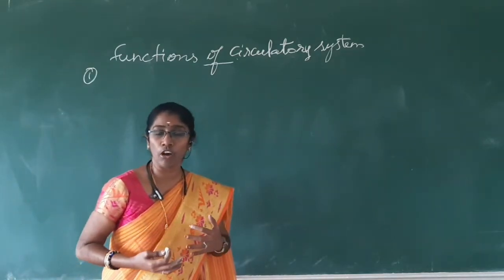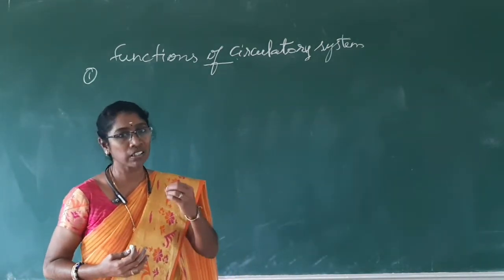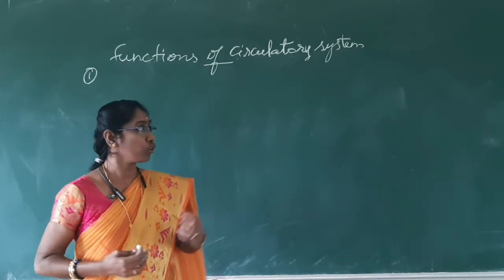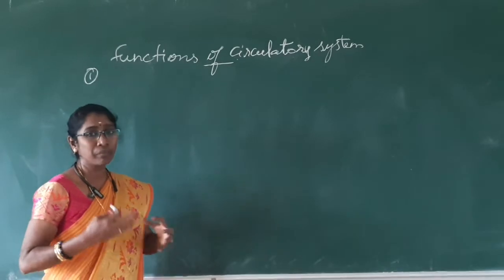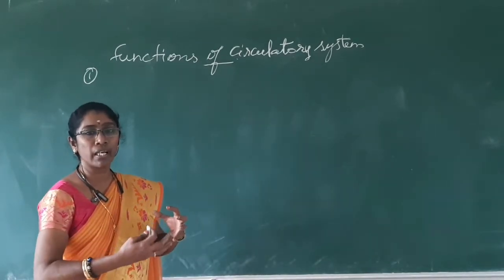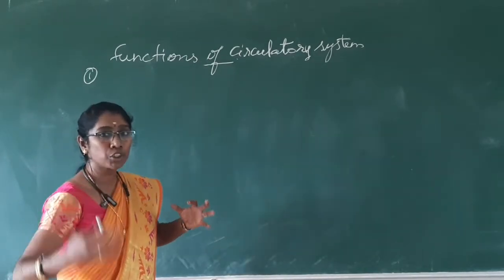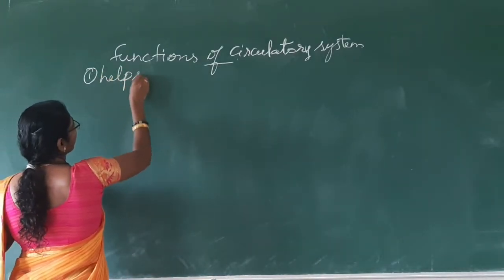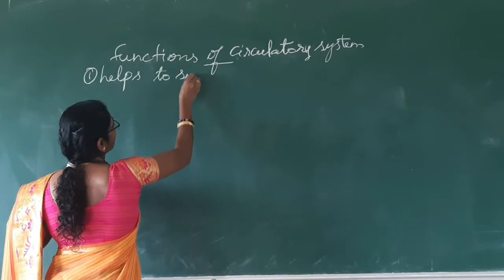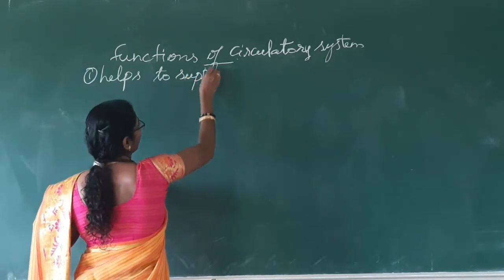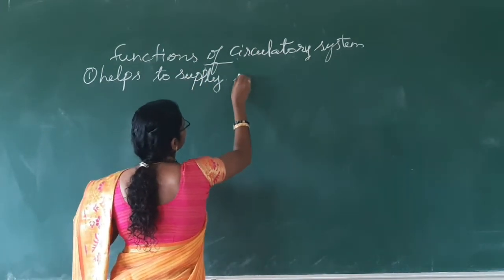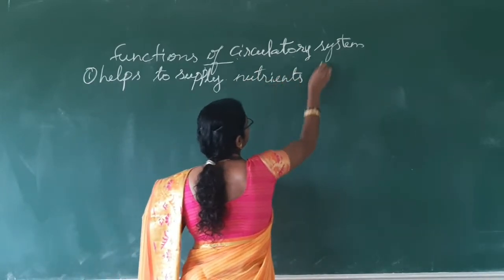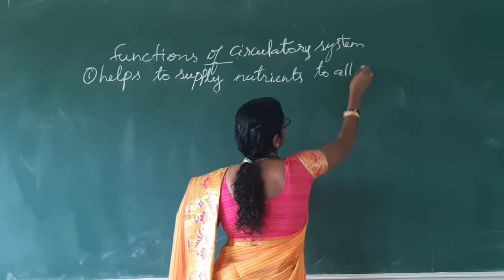For the survival of all organisms or cells, nutrients are very much needed. So this circulatory system helps to supply nutrients to all cells of living organisms.